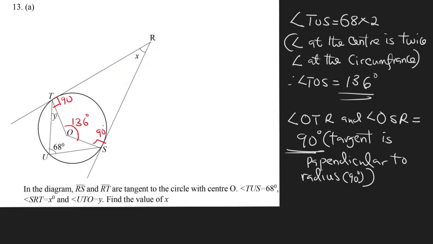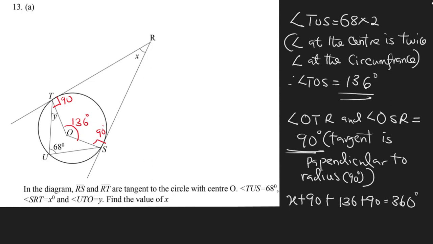So in order for us to get that, we set x plus 90 here, then plus this 136, that's the other angle, plus this other 90 is equal to 360 degrees.